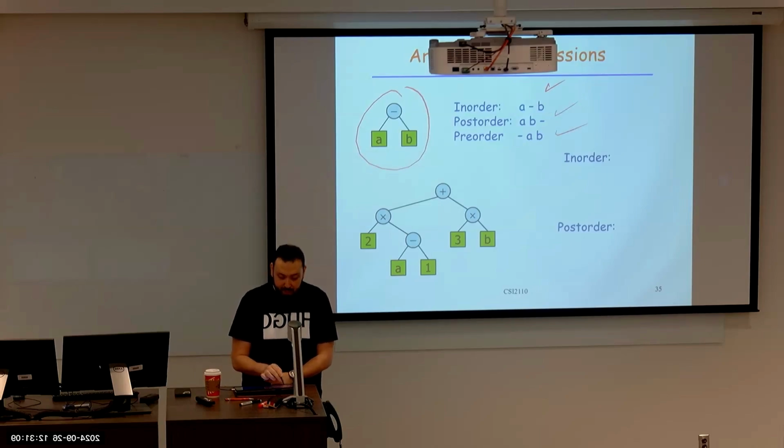It's going to be either A minus B, AB minus, or minus AB. So the in order will be what? The in order is left, visit, right. So I'm here. I'm not going to execute. I'm going to go to the left. So that's my first left. Then I'll go back and visit. So that's why I have minus here. Then I'll go to the right.